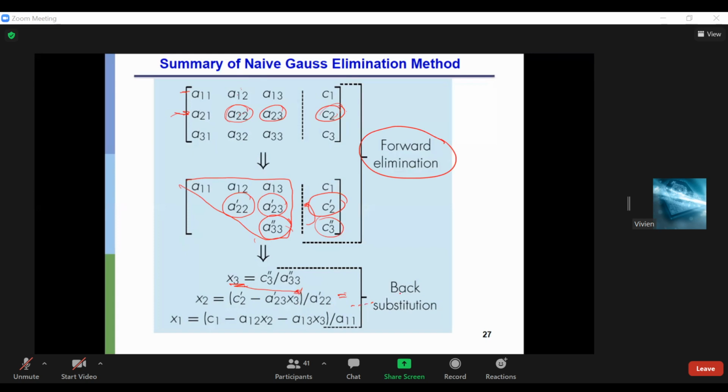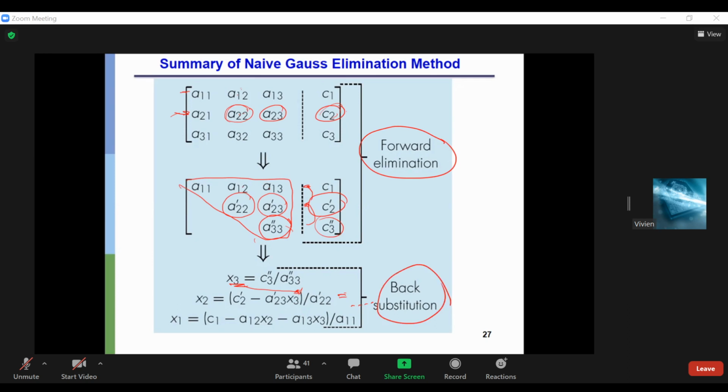Once we have x3 and x2, we can insert them into the first equation, a11x1 plus a12x2 plus a13x3, that will be equal to C1. So that means if we have the value of x2 and x3, we can find x1. Okay, so basically this is the backward substitution stage.